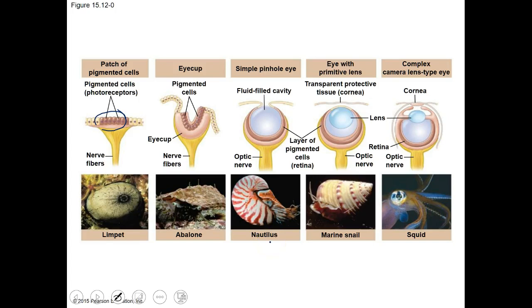Now we're starting to get a very primitive lens. And then by the time we get to something like a squid, it's a very complex lens. And actually, this is a very similar kind of eye structure that we would see in mammals. See the whole lens and the optic nerves and the retinas, all that's there.